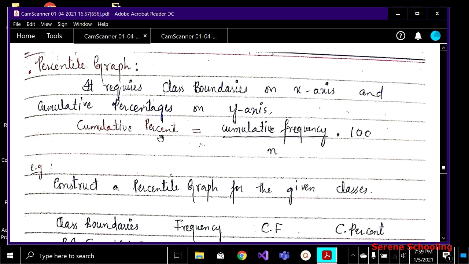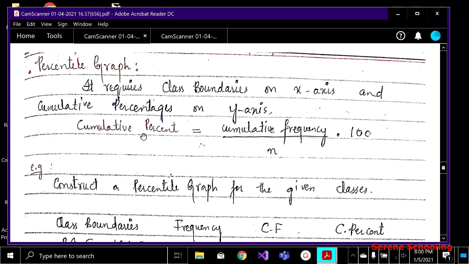For that, if you remember, in the first video we learned about the relative frequency. There, what we used to do is the frequency of that particular class divided by the total number of values in the data, times 100.